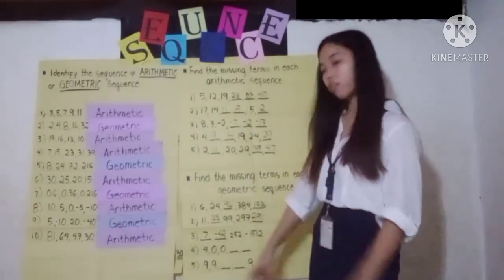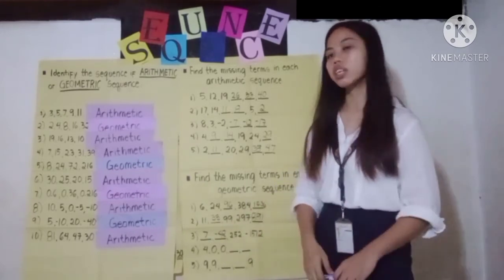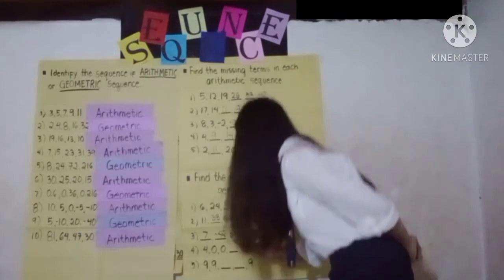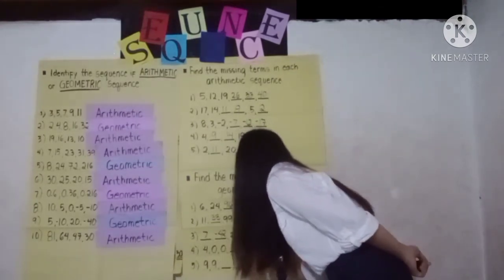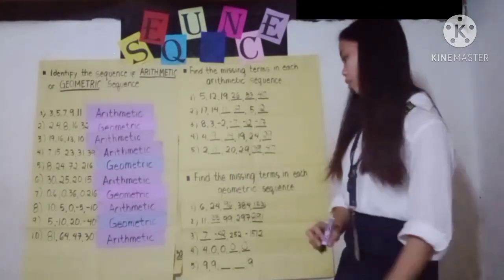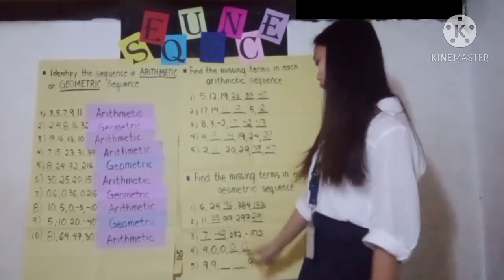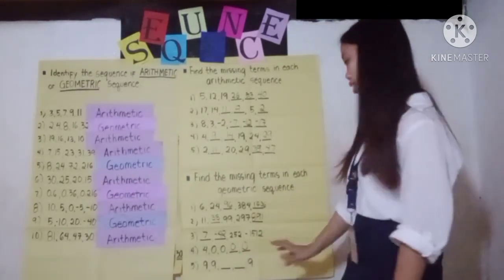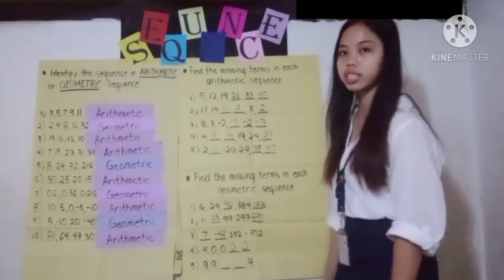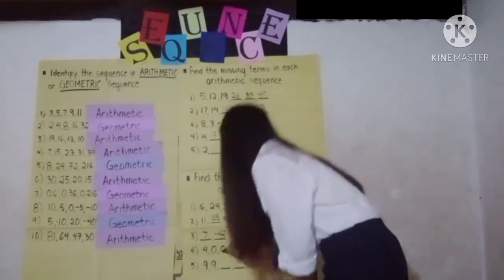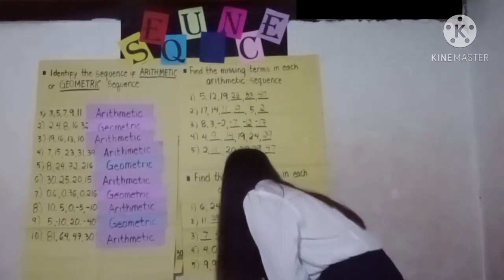So, number 4, 4, 0, 0, the common ratio is 0. So, 0 times 0 is 0. And 0 times 0 is 0. Number 5, the given is 9, blank, blank, and 9. So, the common ratio is 1. So, 9 times 1 is 9. And 9 times 1, 9.